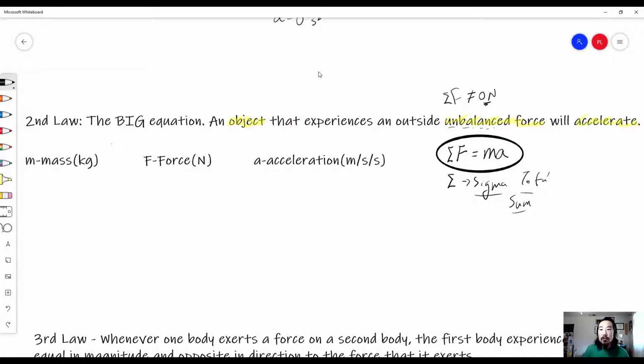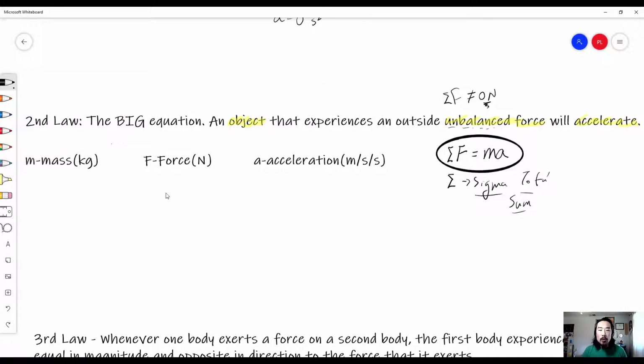So as long as the forces don't add up to 0, that means you have an outside force. So if we have an outside unbalanced force, the object will accelerate. The object is known with the variable m for mass, and that's in kilograms. Acceleration, we know, is in meters per second squared, and force, we have capital N for newtons.